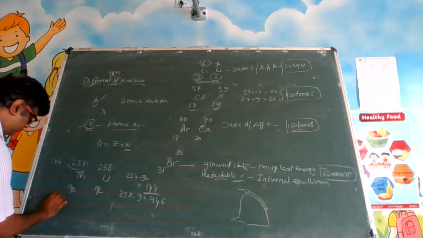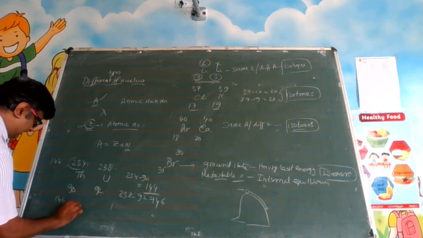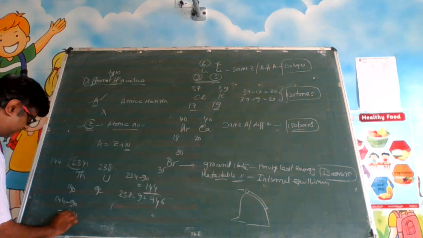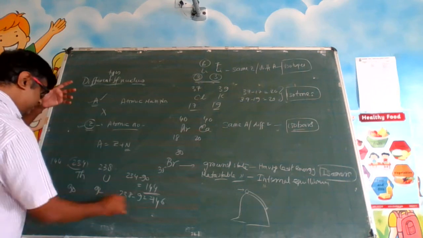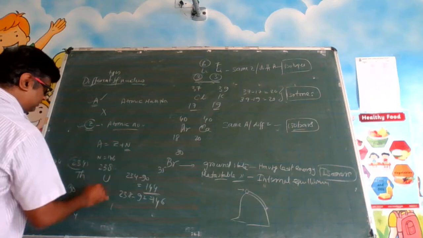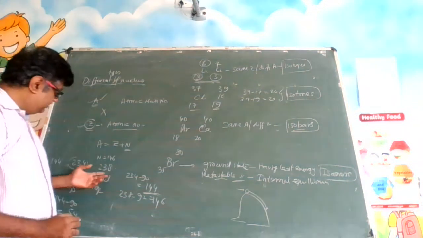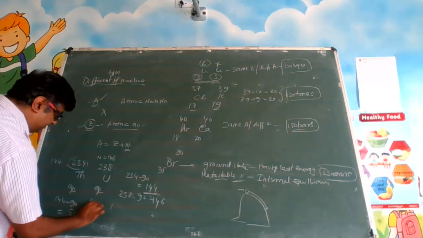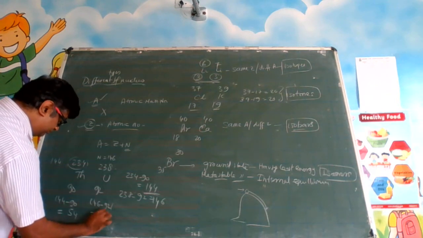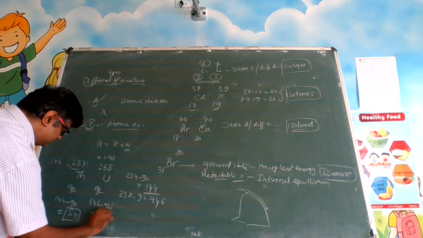How many more are there? 144 minus 90, so it is 54. And here neutrons are 146. So how many extra neutrons are there here? 146 minus 92, so it is 54. These two numbers are matching.